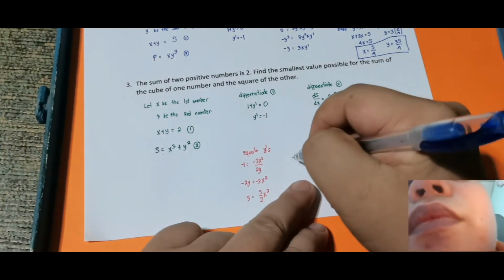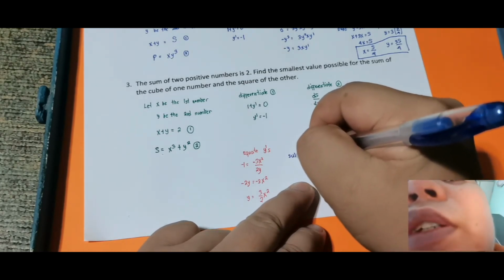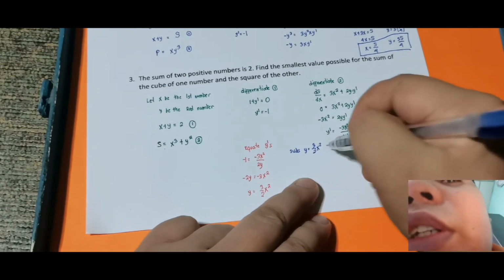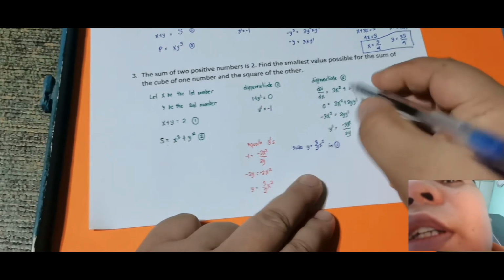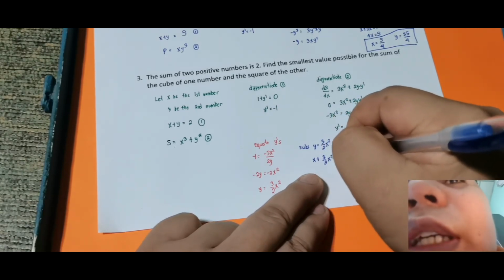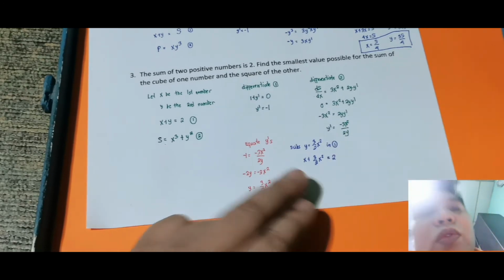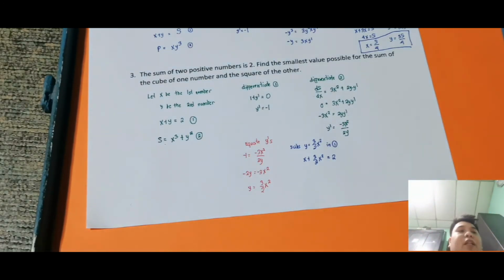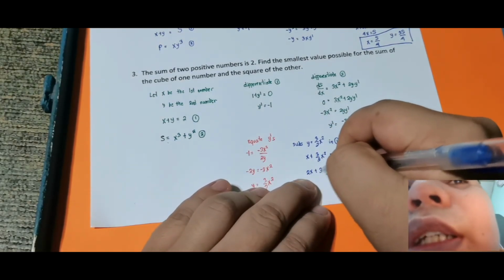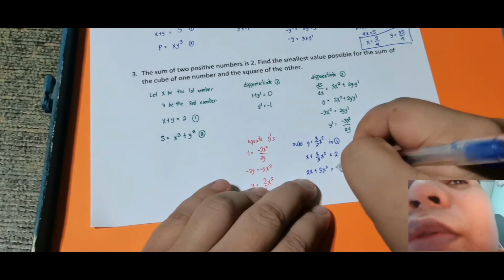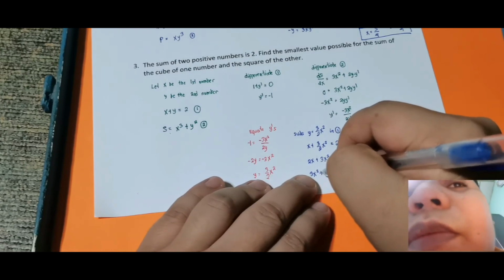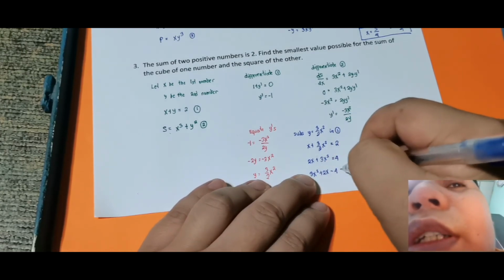So, x plus 3 over 2 x squared is equal to 2. Then by manipulating, multiply the whole equation by 2. So this is just 2x plus 3x squared is equal to 4. Similarly, this is just 3x squared plus 2x minus 4 is equal to 0.